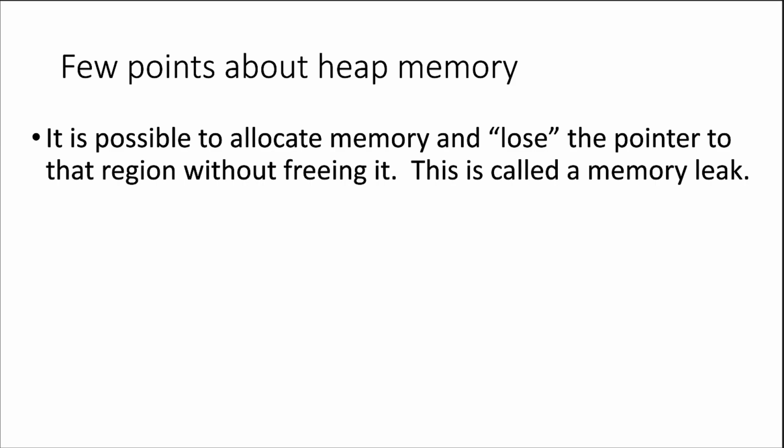That means you have not freed it, and you lost the link, in the sense you lost the pointer to that region. Then you will not be able to do anything with that memory. You cannot use it, and you cannot even give it back. So this is called a memory leak. Following?